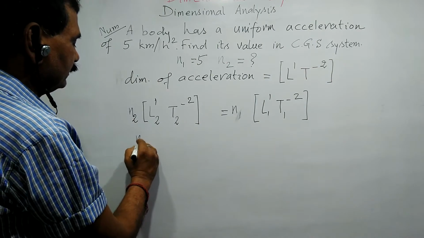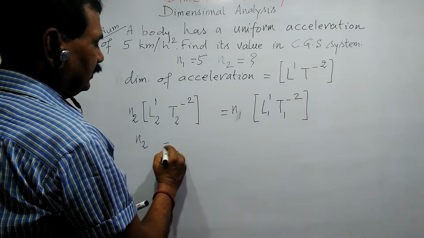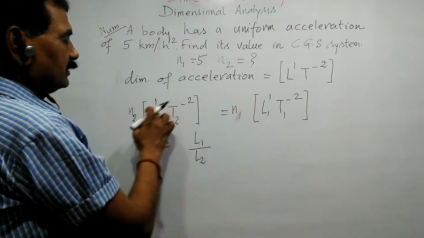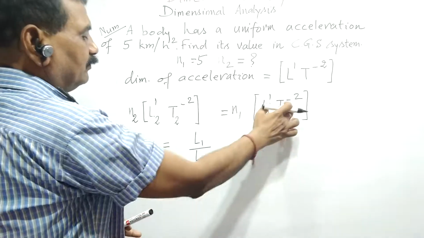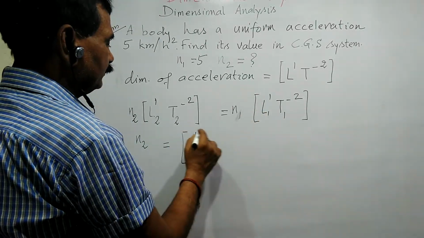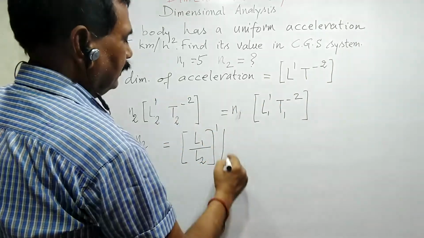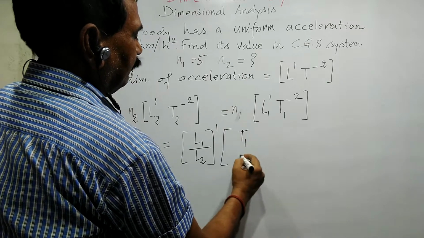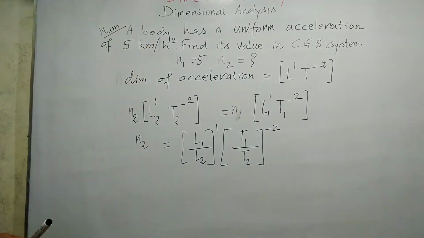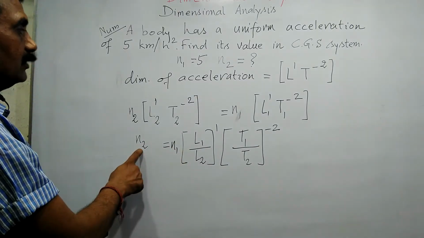Then the second step: take the value of N2, that will be N1 into L1 by L2 to the power 1 into T1 by T2 to the power minus 2, taking similar quantities together, length together and time together.